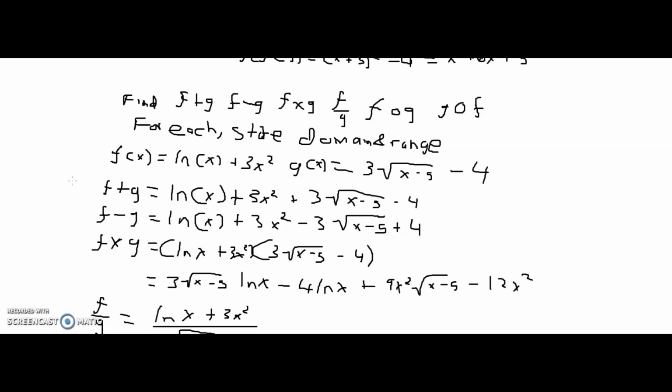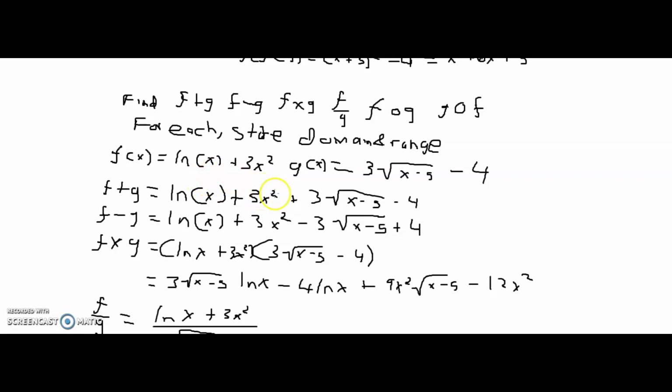And you cannot raise e to any power and get 0. That's true for every non-zero positive number. You cannot raise it to any power, positive or negative, and get an output of 0 or a negative number. So automatically, you can say that x must be greater than 0.